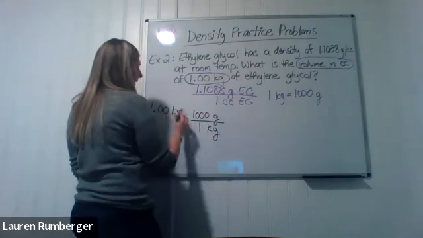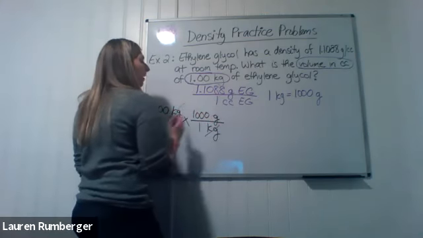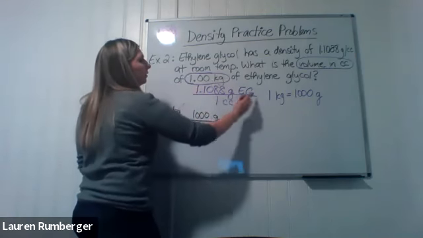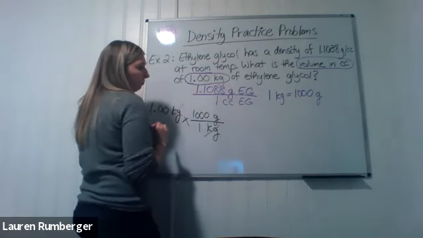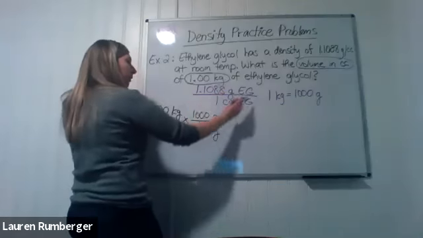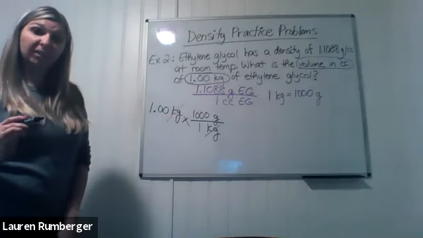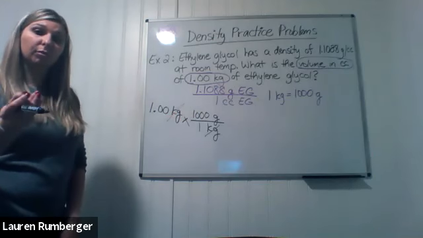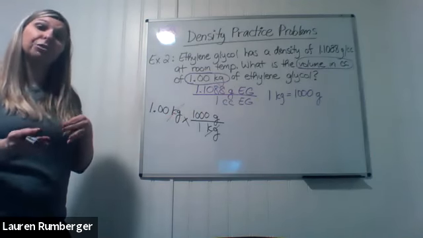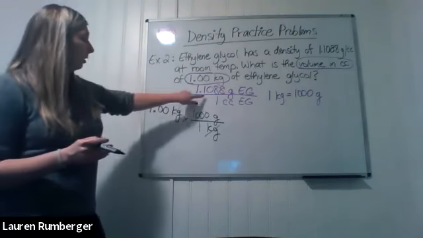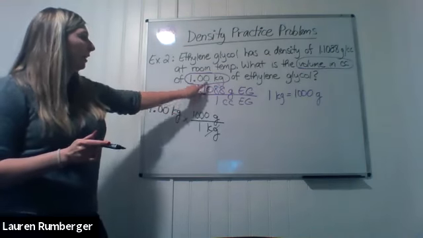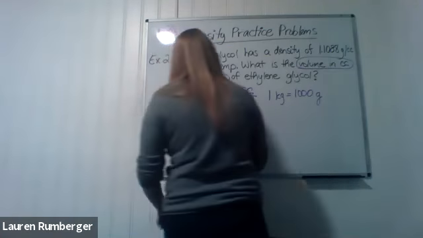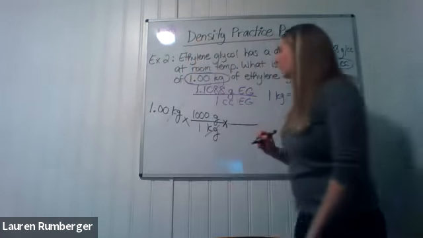Cancel units diagonally. Then once we've gotten grams, we can use density as a conversion factor. Remember, a conversion factor can be flipped in whatever way that you need in order for you to cancel units appropriately. So this can be written in this format, or we can flip it, which is necessary here.